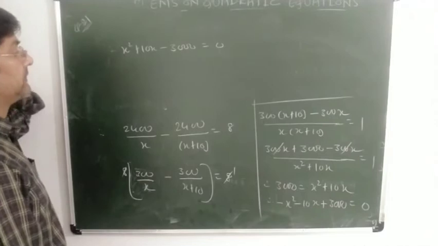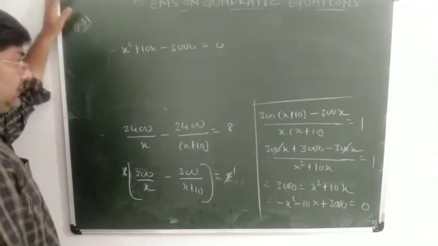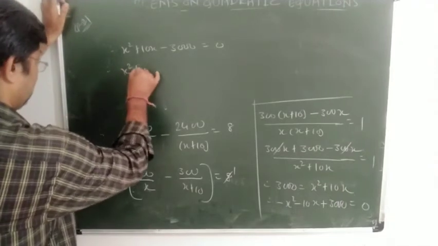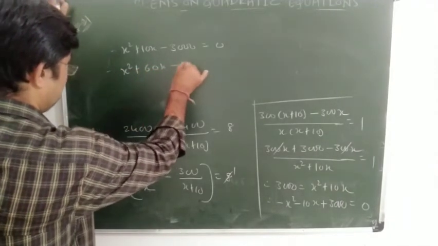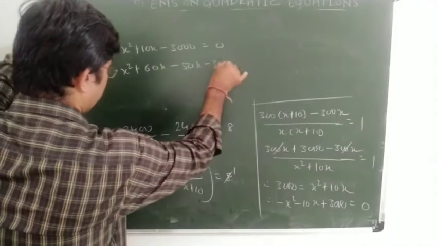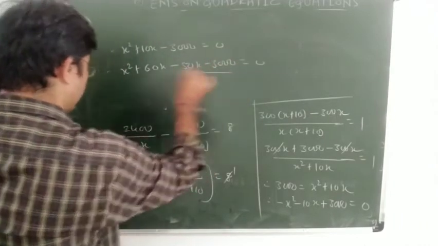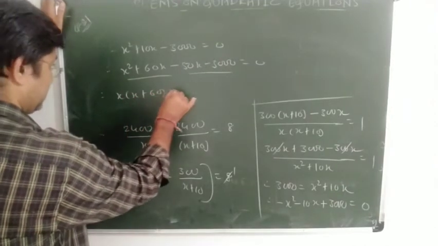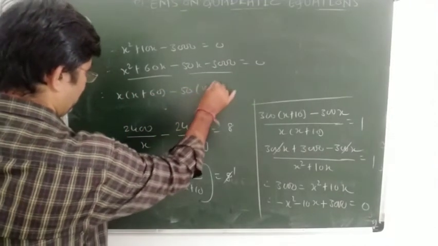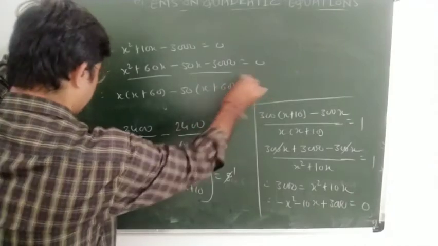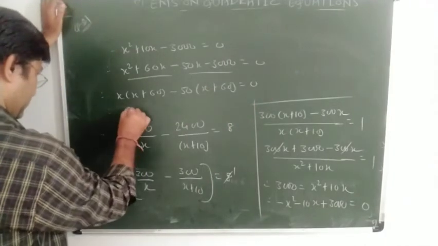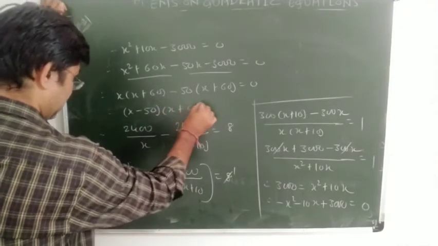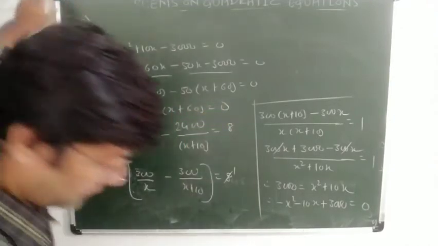So 60 and 50 are the factors. Yes or no? And therefore x square plus 60x minus 50x minus 3000 is equal to 0. Take x common so that x plus 60 minus 50 common, x plus 60 is equal to 0. Therefore x minus 50 into x plus 60 equals 0.